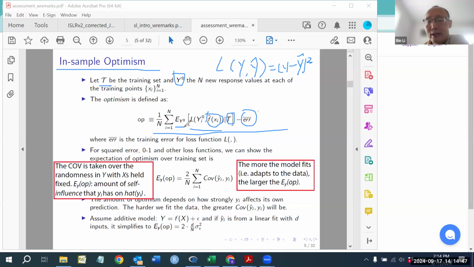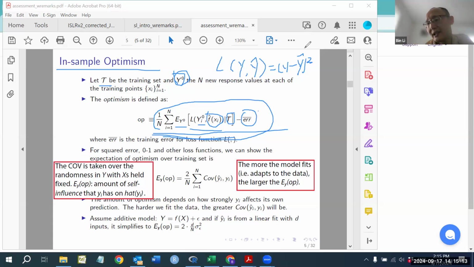And we take the expectation over the Yi zeros, because these Y zeros are regenerated. So that is the expected value of that loss, minus the training error, and take the average. So that is the optimism.